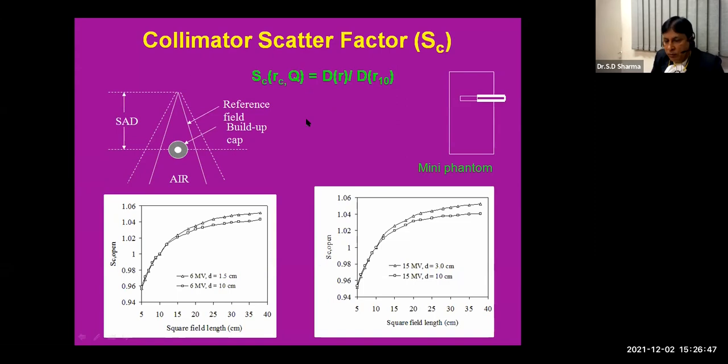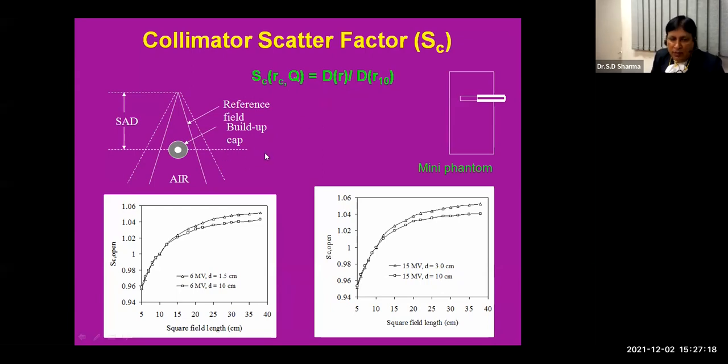And probably you may be aware the collimator scatter factor gives the information related to the fluence of the photon beams coming out of the collimator system or coming out of the accelerator. It is defined as an in-air quantity, and it is the dose in air for a given field size R and dose in air for the reference field of 10 by 10 centimeter.